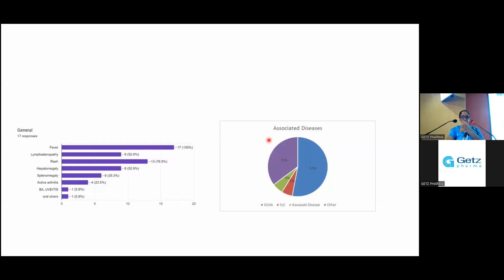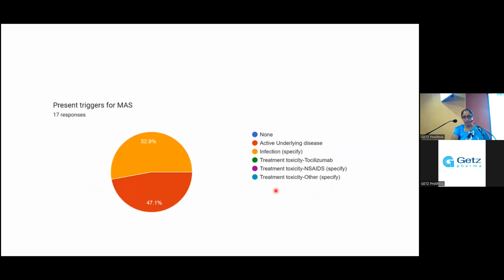I mean, there were Kikuchi's, viral infections and so on. SLE makes about 6%, and Kawasaki disease about 6%. There are only a few patients there, but I had many other patients.